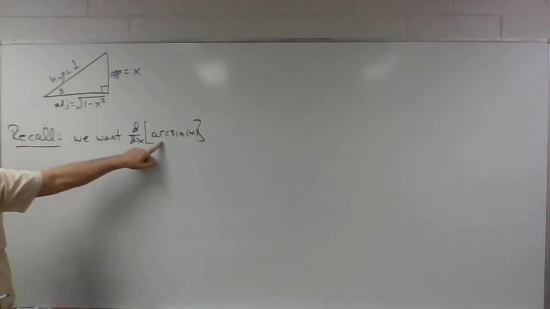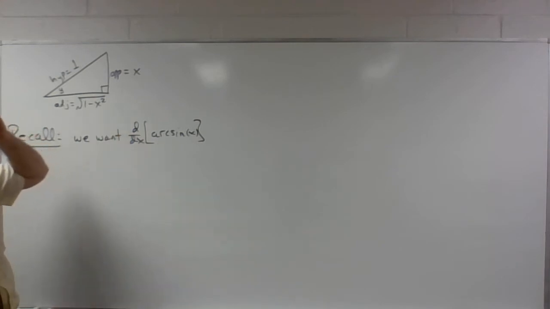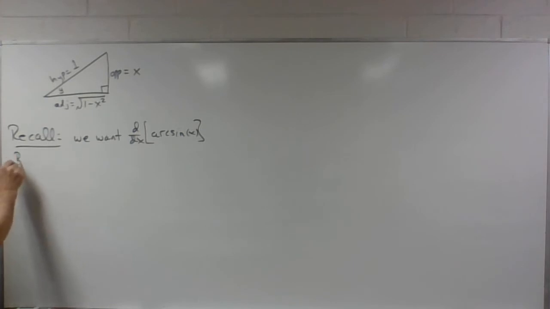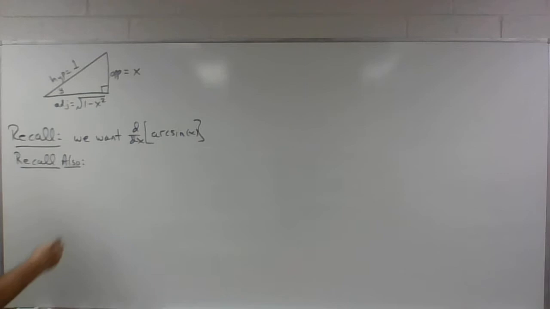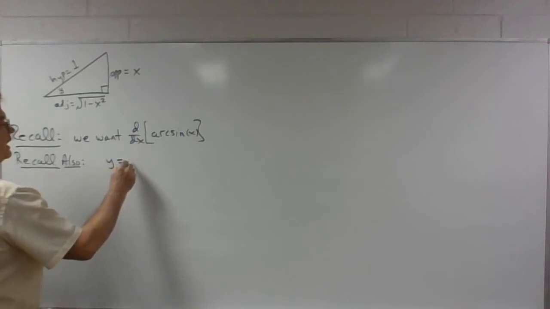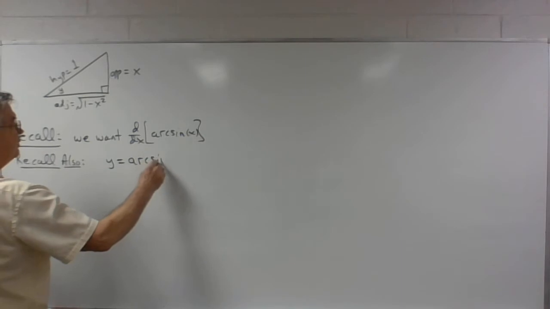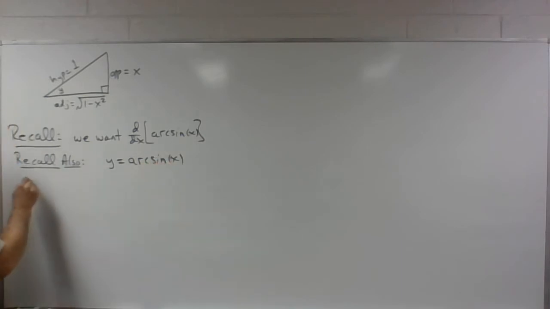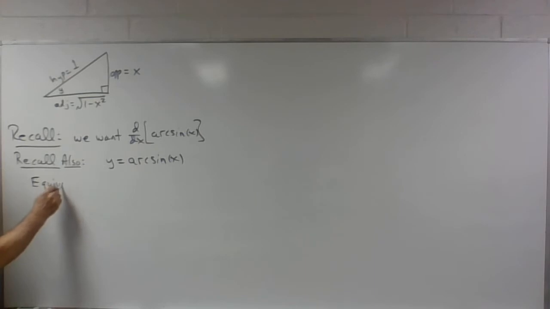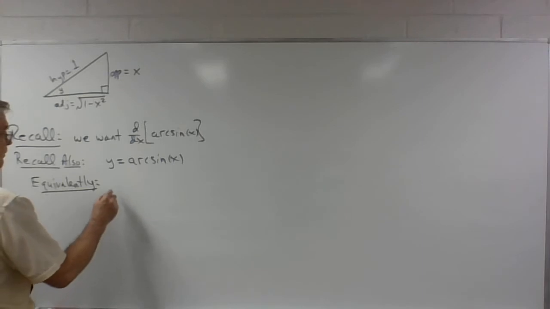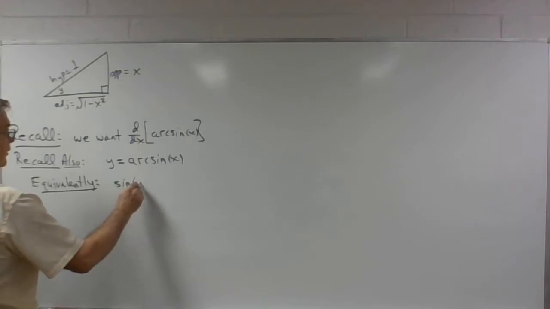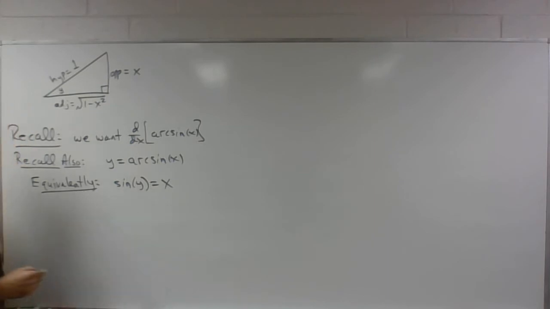This is what we're looking for, the derivative of arc sine of x. And recall also that we made y equal to the arc sine of x, or equivalently, sine of y equals x.